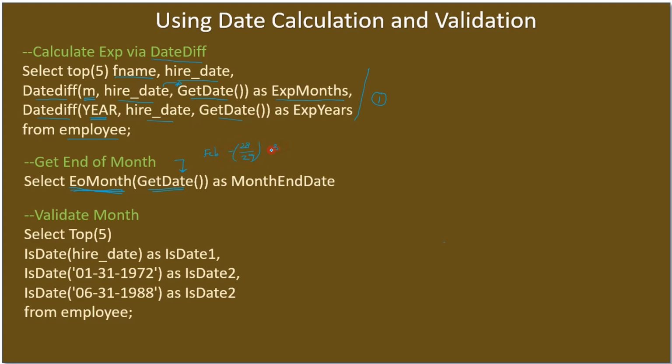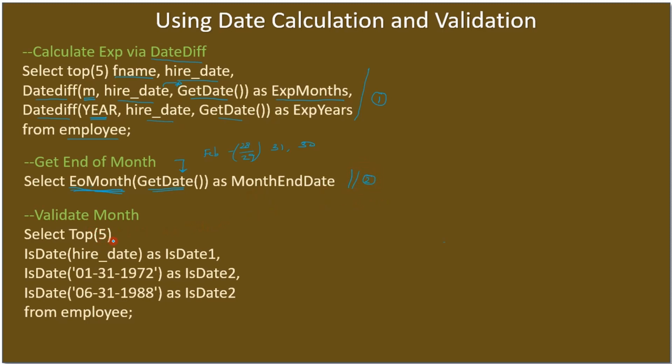January, the last day will be 31. March, April will be 30. So that's the use of EOMONTH. You can give a date and it automatically gets you the last day in the month. We will explore this also in SQL Server Management Studio.